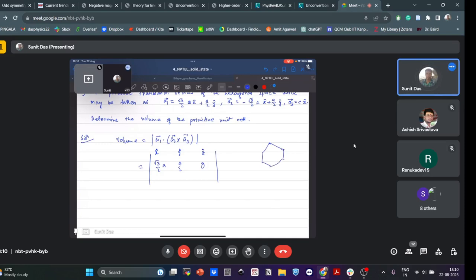C will be the z perpendicular axis, or A3 here, and A1 and A2 will be in plane. So for A1 and A2, the z component is 0. Similarly for A3, the x and y components are 0 because this is out of plane.